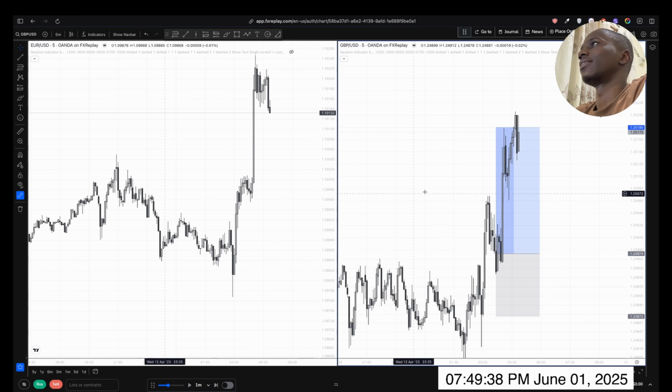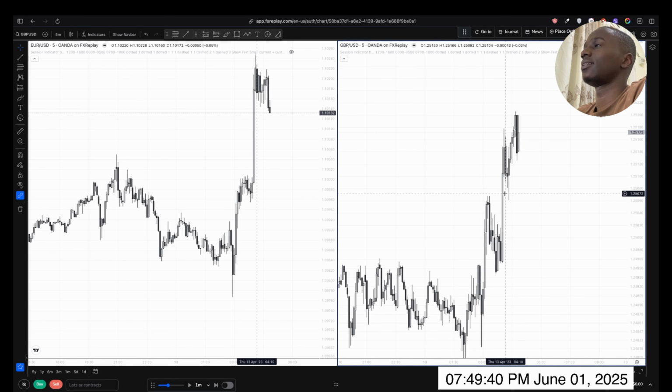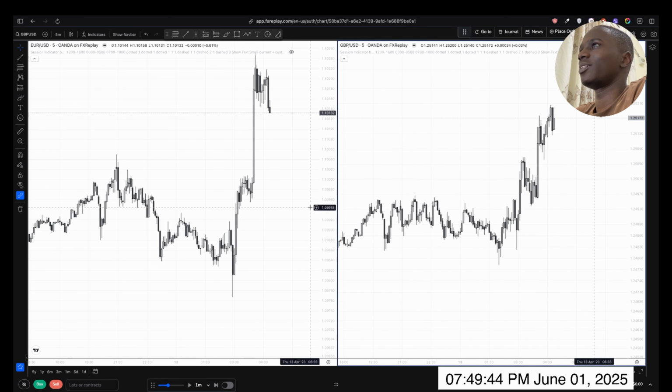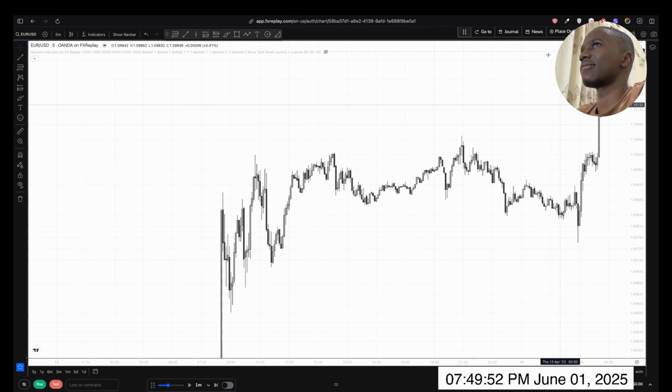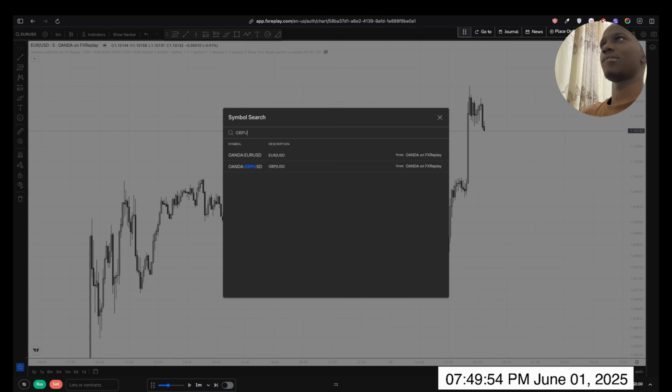It's really crazy, but yeah, maybe trading both of them at the same time is blinding me, I think. Let's look for GU only. Let's do this kind of setup. USD.